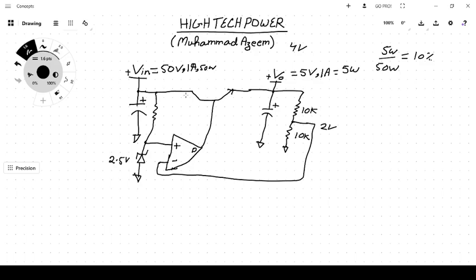The input voltage and current would increase, would pass in a great quantity, and the output voltage would again increase to 5 volt, from 4 volt to 5 volt.